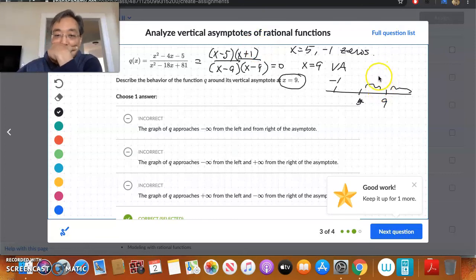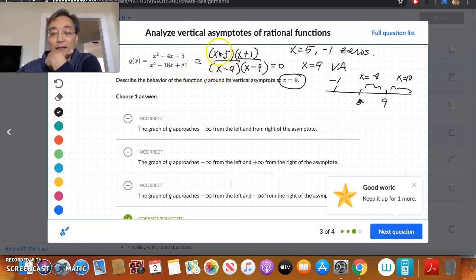So we can take values here and plug them in. So what's a good value next to 9? Well, we know that 8 is a good value, right? You can take x equals 8. And what's another value to the right of 9? Well, x equals 10. And we can take these values and plug them into the function and see what the sign is, right? Is it going up? Is it going down? What's going on?